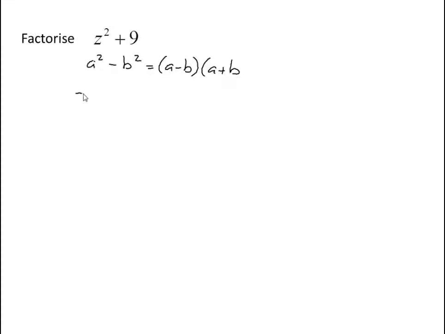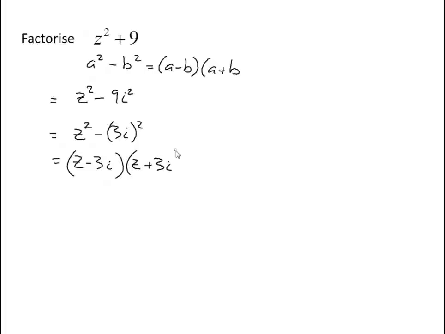Well, I make that z squared minus 9i squared, which is the same as z squared minus 3i all squared, so it becomes z minus 3i, z plus 3i, and that's factorised.